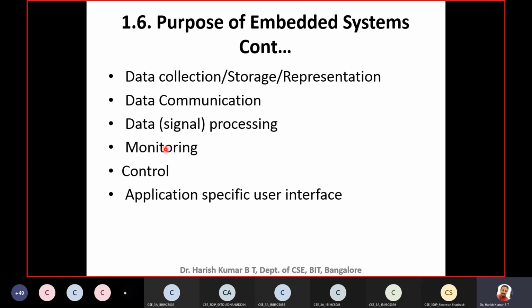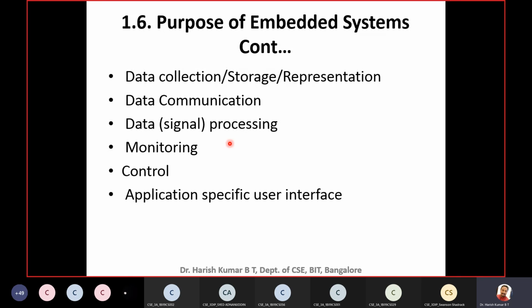For example, a heartbeat monitoring system only monitors the heartbeat and says the rate at which the heart is beating, but it cannot control the heartbeat. There are other devices which can do that. The heart pacemaker, as I said, is able to control and stimulate the heartbeat. Similarly, some application specific user interfaces are also there. These are some of the important purposes of using embedded systems in the various application domains.